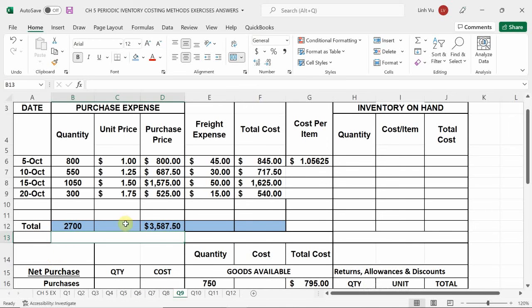Close enough. All right, so what is my grand total freight?